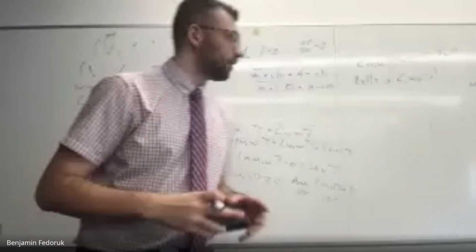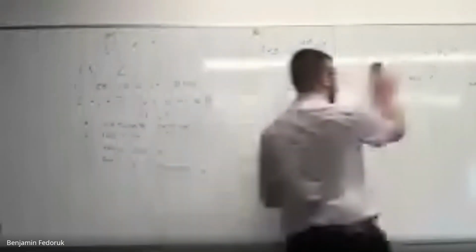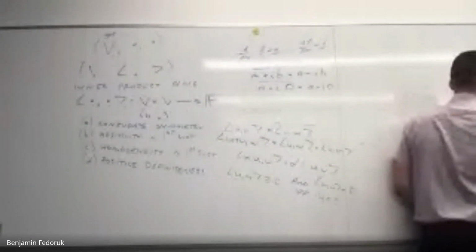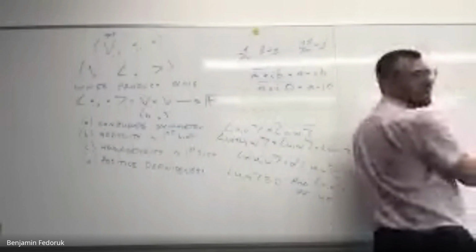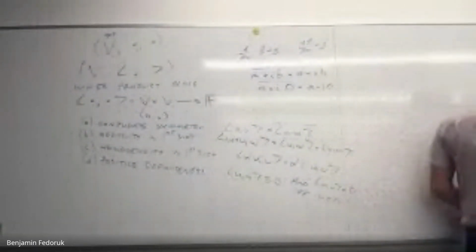Okay, so from there, I'm going to do a little proof. You haven't proved the reverse triangle inequality, have you? No? Okay, good. Because that's what I was planning to do. Okay, the reverse triangle inequality.